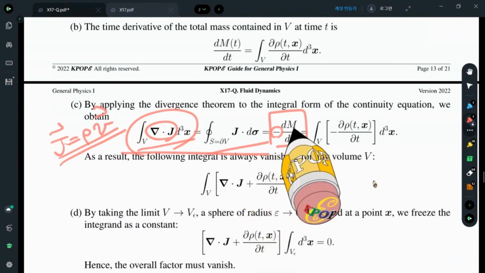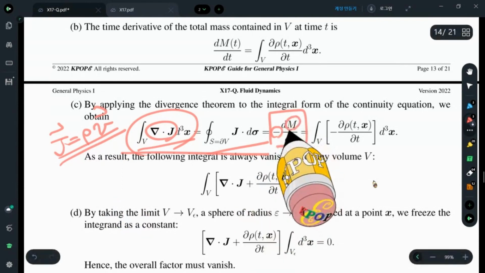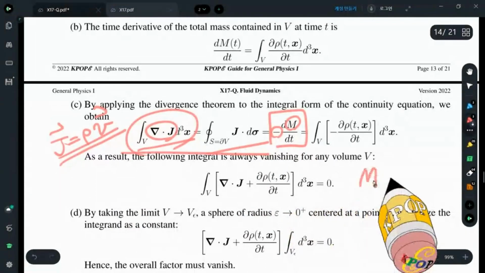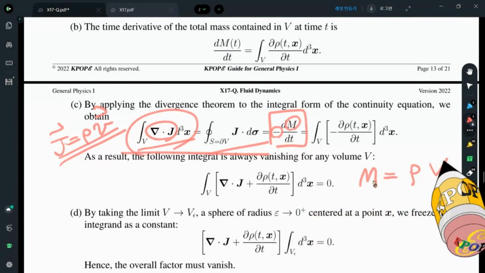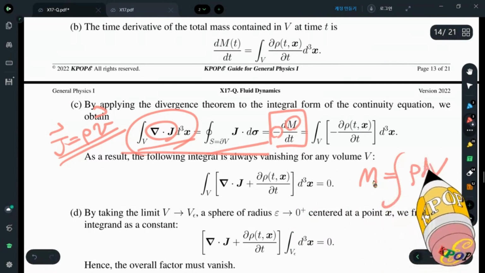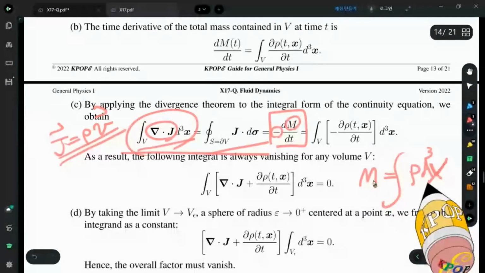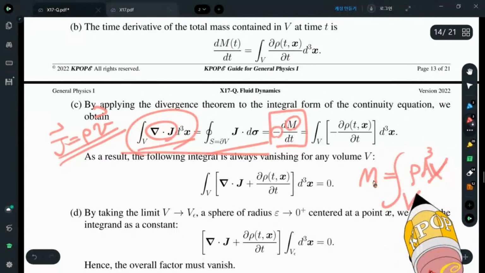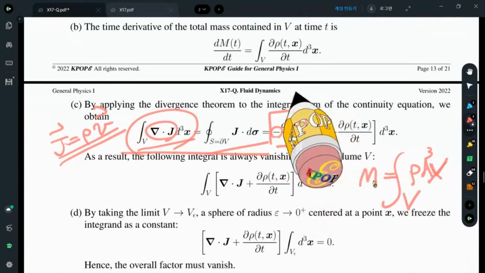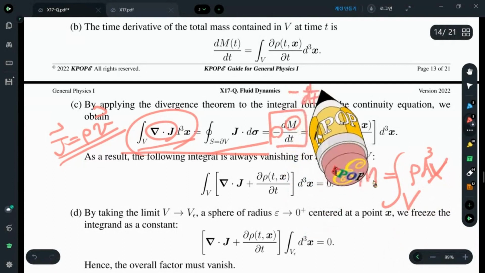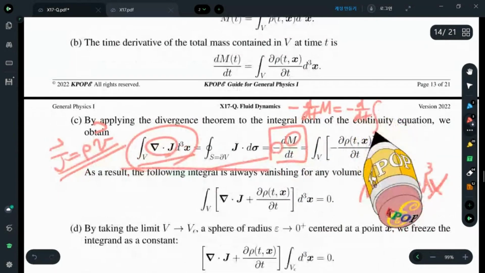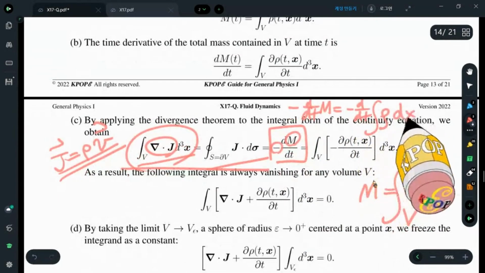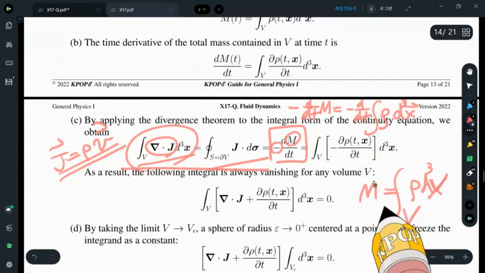Why don't we replace this mass? What is mass? Mass is density times volume, so why don't you replace it as an integral of density over space in the volume. So I have the time derivative of mass, and mass is density integrated over space.